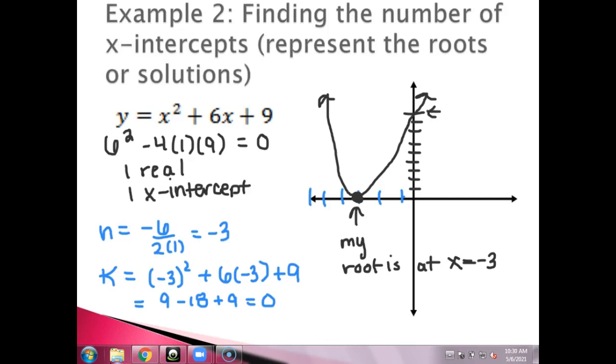Remember, this is your y-intercept. It's 0, c. So in this case, it was 0, 9.